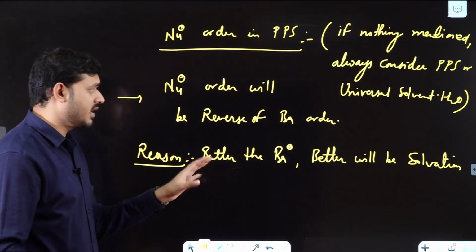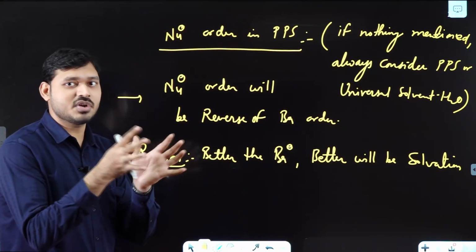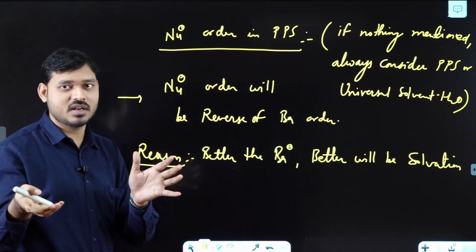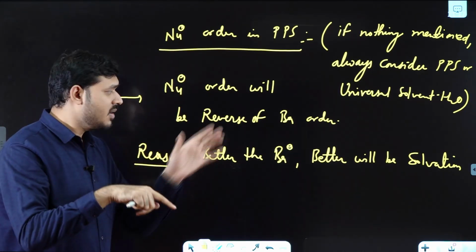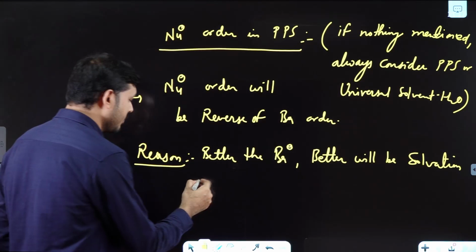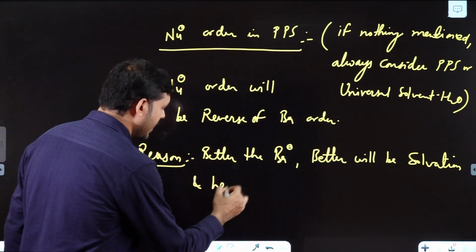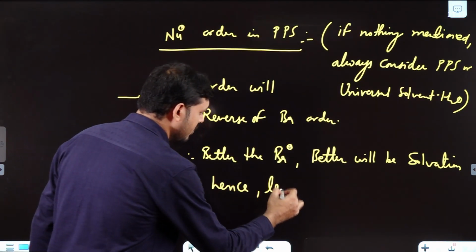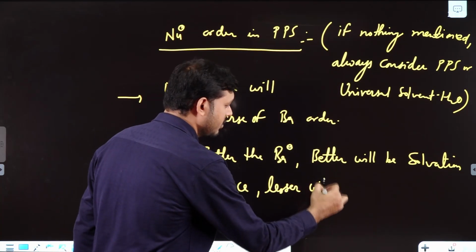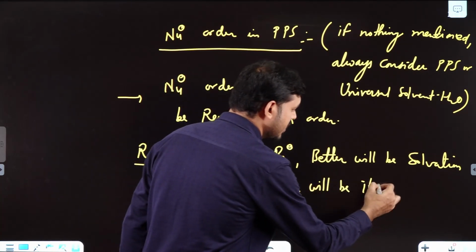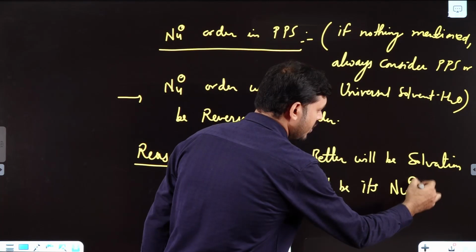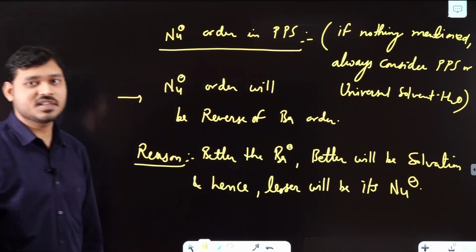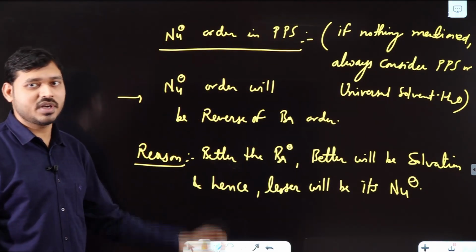The same species which you are taking acts as a base and as a nucleophile. Now the better its basicity, the better will be its solvation, and hence the lesser will be its nucleophilicity. I think, dear students, you have understood this point in detail.